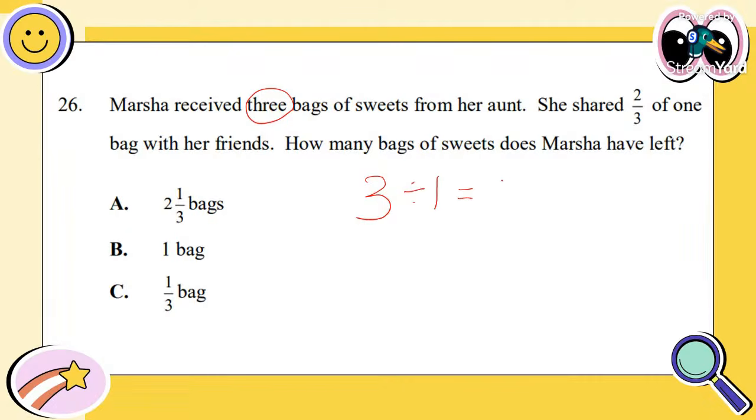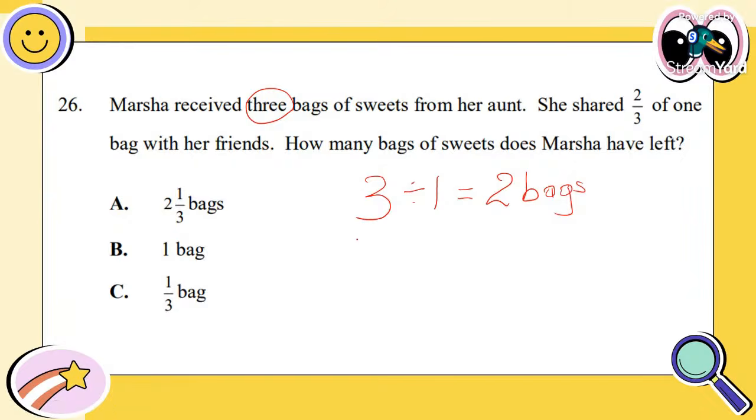And now we're left with 2 bags. Okay, focus with me. So 2 bags is what we're left with. Now the 1 bag that we take, it says that she shared 2/3 of this 1 bag with her friends.